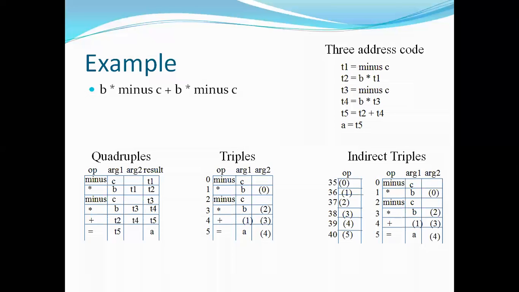The difference between the triple and the indirect triple is this: in a triple, the temporary variables are avoided just by referring to the pointers in the symbol table. But here, instead of pointers, listings of pointers are used instead of the statements. How is it represented? See, 0, 1, 2, 3, 4, 5 are the references, acting as referring pointers.